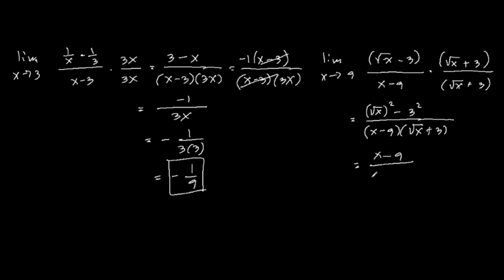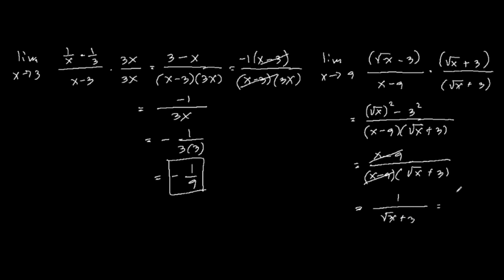And then we divide by (x minus 9)(square root of x plus 3). We have a similar term in the numerator and denominator, x minus 9, which cancel out, and the remaining value is 1 over the square root of x plus 3.